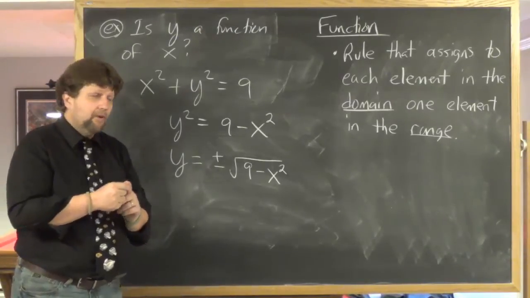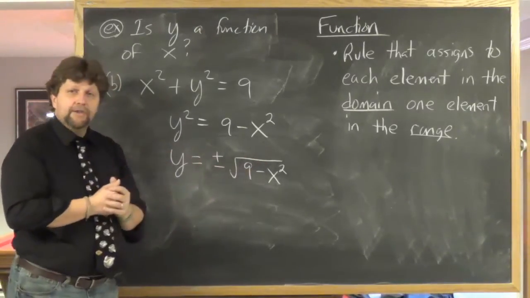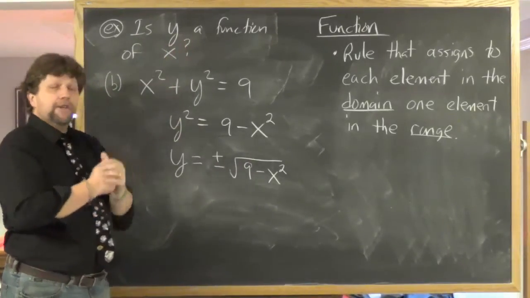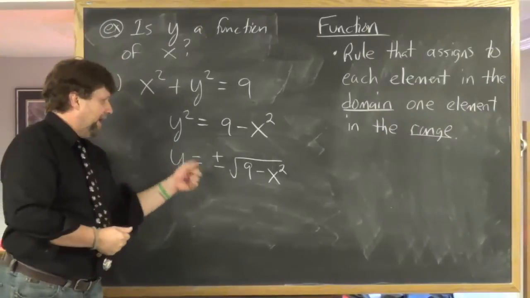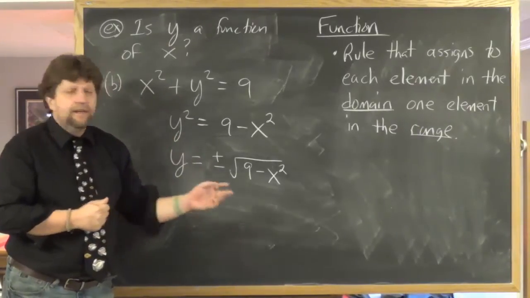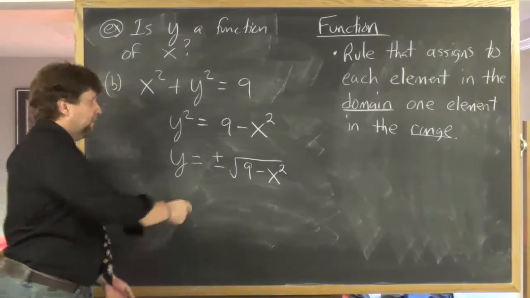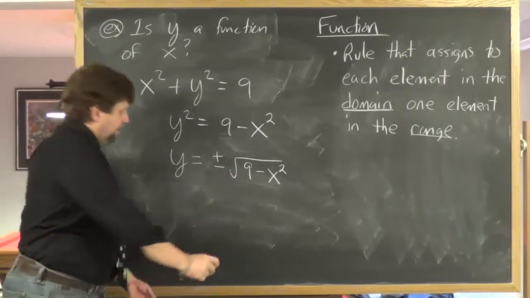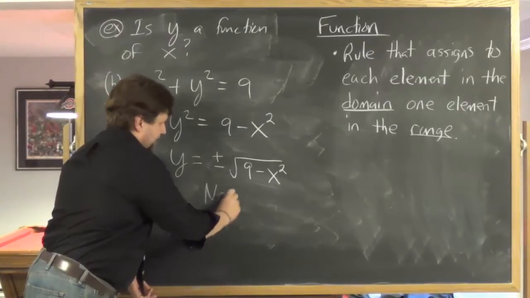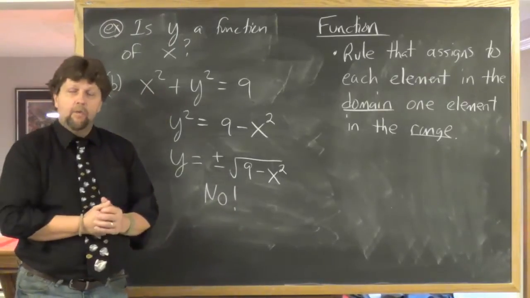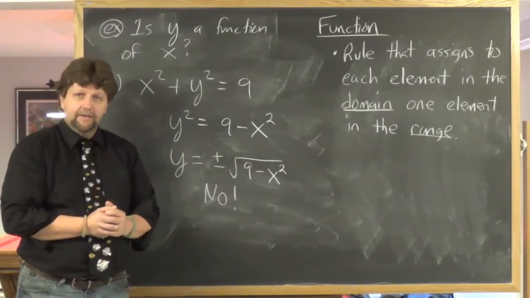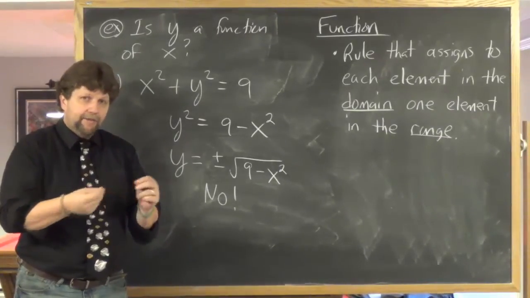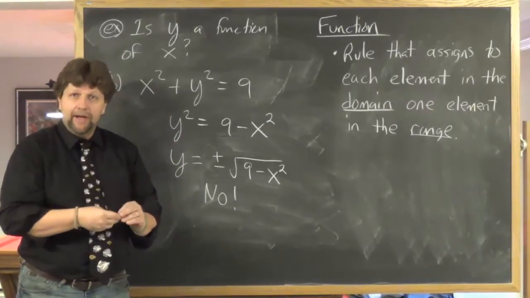We have y equals two expressions. In order for y to be a function of x, we need y equals a single expression. Since that didn't occur here, the answer to the question, is y a function of x, is no. y is not a function of x. So that's how you can tell if y is a function of x when you're given an equation.